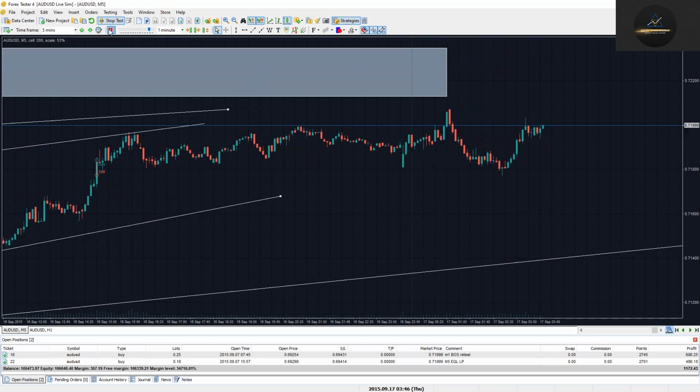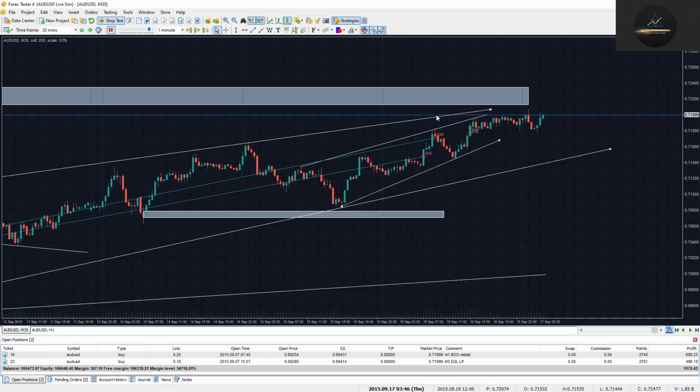I think this would be a good time to update the higher time frame trend line. There we go. So this pattern has pretty much, we need to update it basically. So 1, 2, 3, 4.